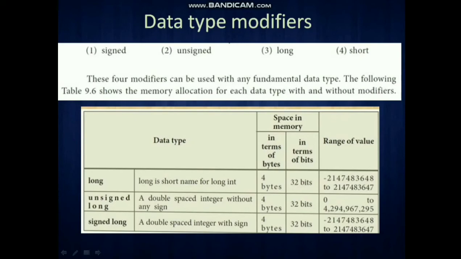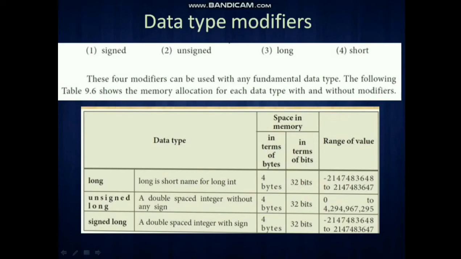Long int means we have to store multiple, more integer values. It will be getting 4 bytes. For that purpose we use the long modifier with the int data type, to store large integer values in a particular data type.